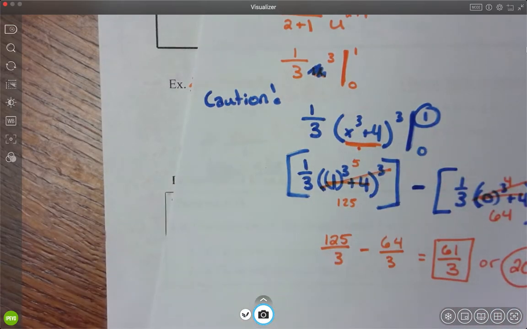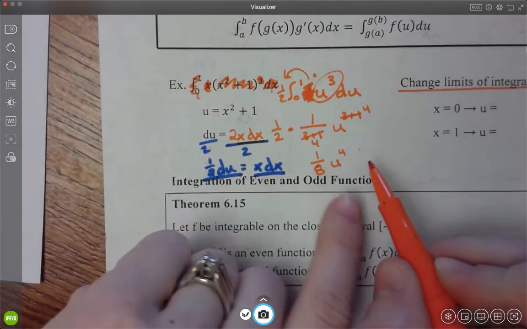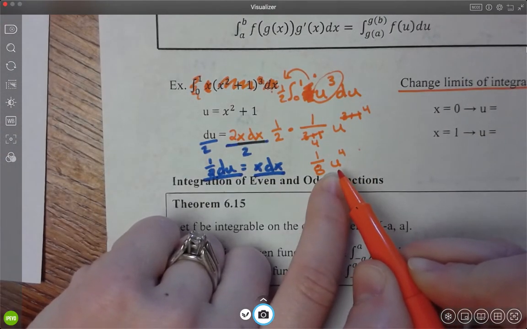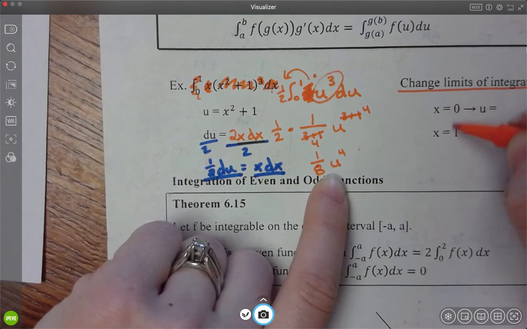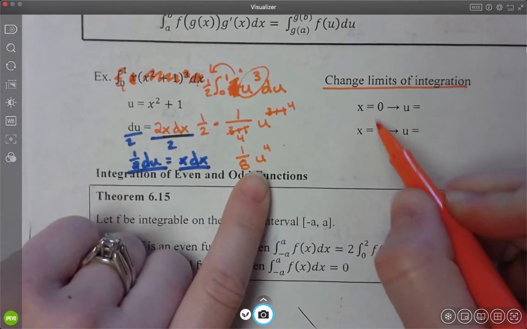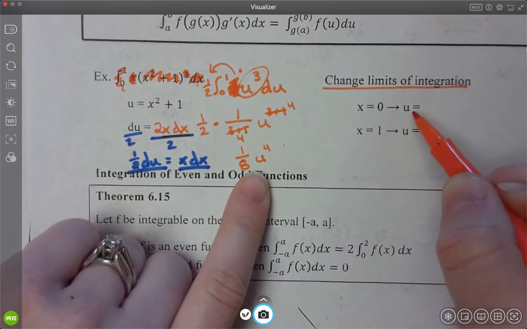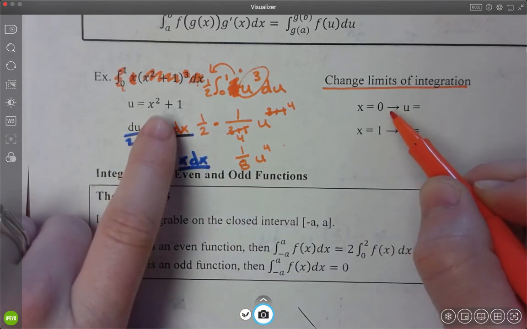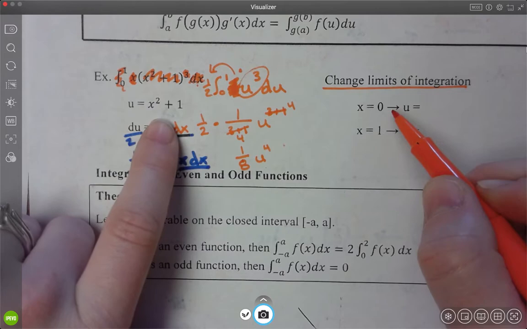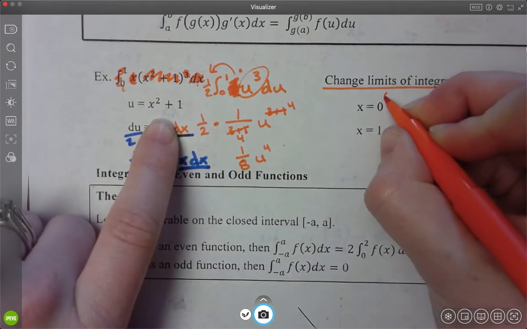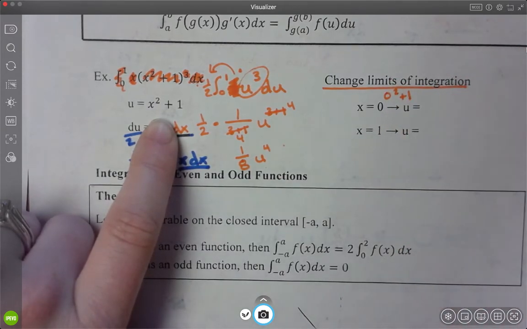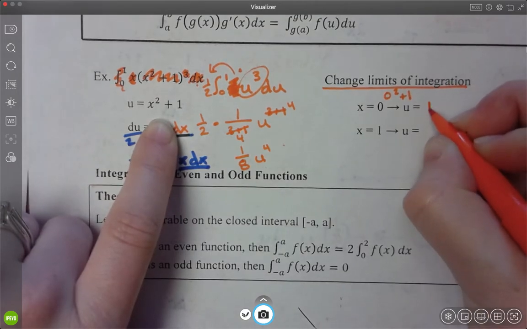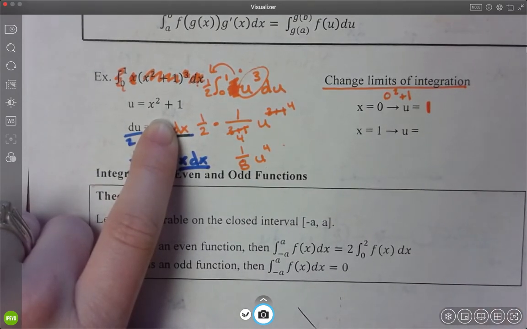What I'm going to do is, rather than changing this back to x and plugging in 1 and 0, I'm going to change my 0 and 1 to be numbers in terms of u. So if I plug 0 in for the equation that I have for u, this would be 0 squared plus 1, and u would be 1 then instead.